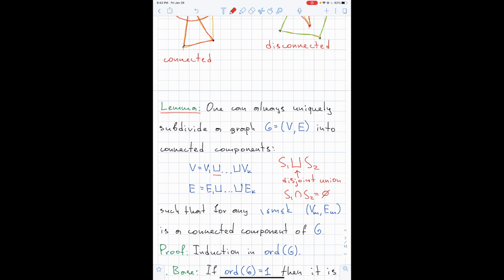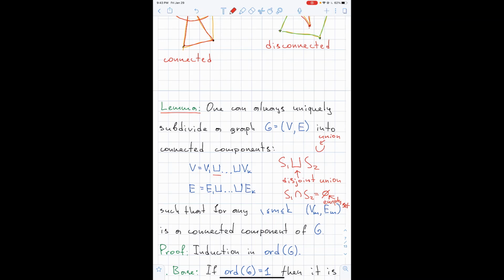And this sign is for the empty set. For the usual union, I just use a sign like that. So that's just the union of two sets. But if we want to emphasize that the two sets are disjoint, so they don't have any intersection, then we can write this square union. That's called disjoint union.